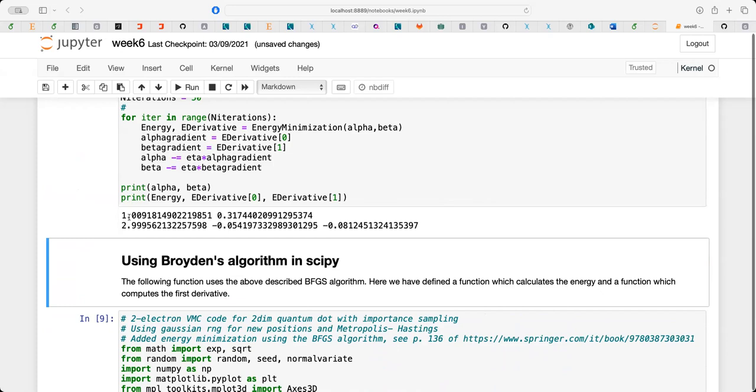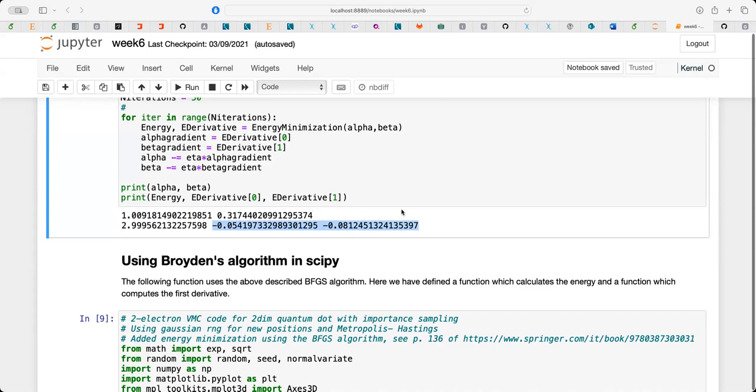So you can see here, these are now the optimal parameters for, in this case, alpha. It's not 1 because I have an interaction. And then I have the parameter beta here. And you can see the values of the derivatives, they are not exactly equal to 0. But you would like them to be 0. So this means that you need to play around a little bit with these parameters.